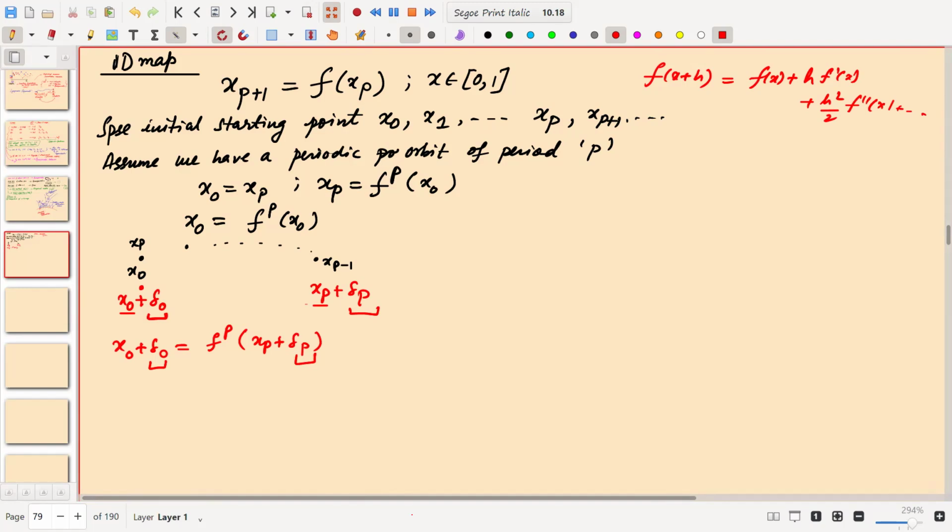So can we apply Taylor series to this? Can we apply Taylor series to this? So what will we get? I wrote something mistake, is it?